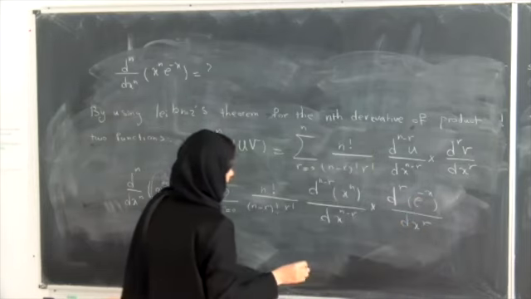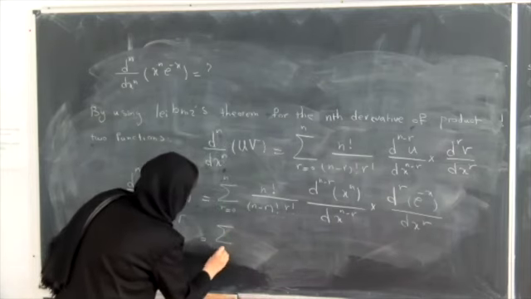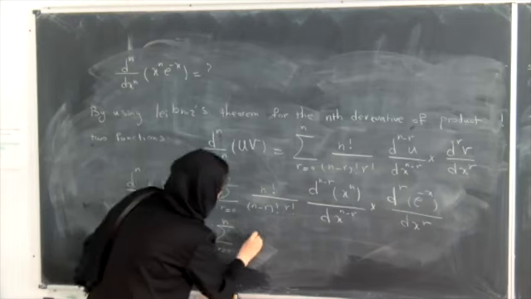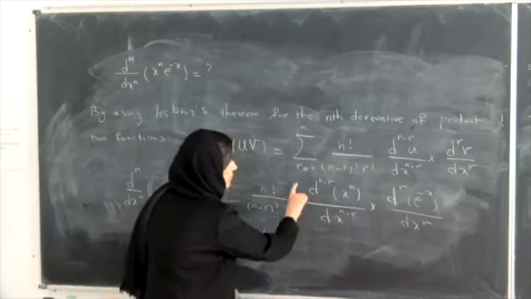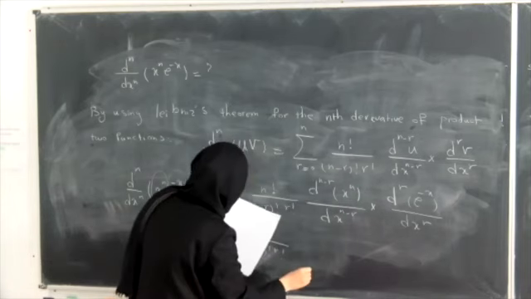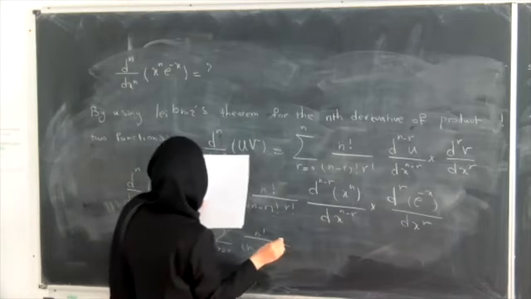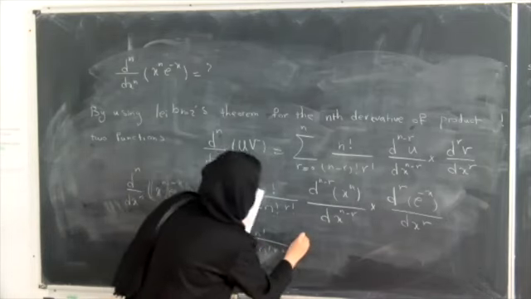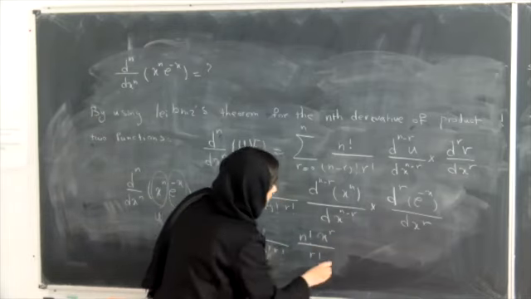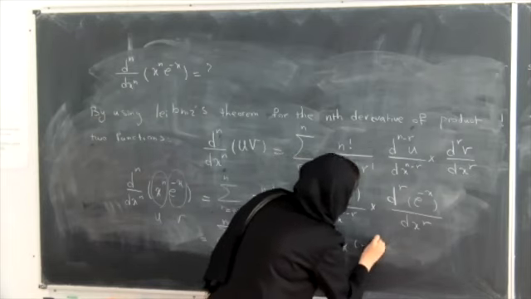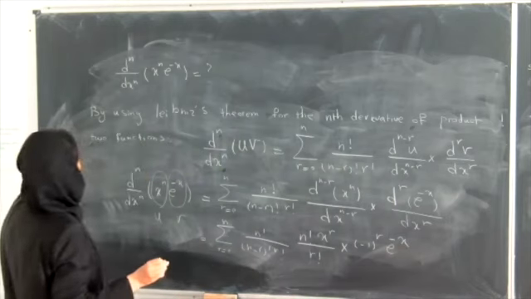So here we have n factorial, and we know that it will be n factorial, n factorial x to the r divided by r factorial times minus 1 to the r e to the minus x.